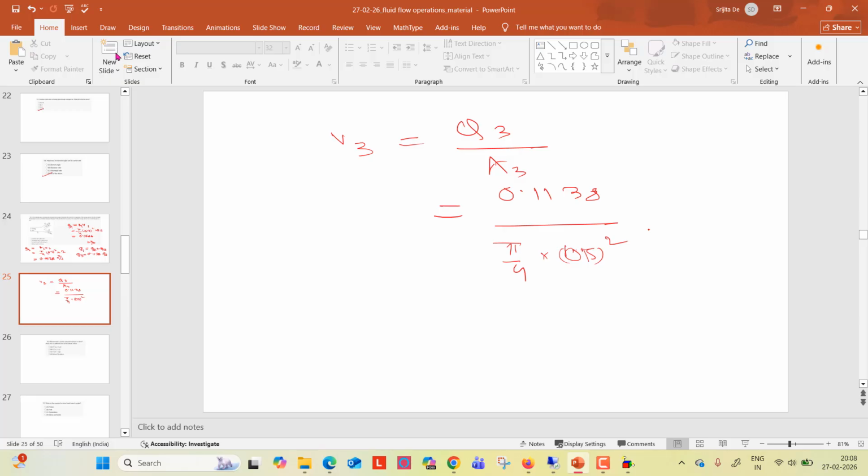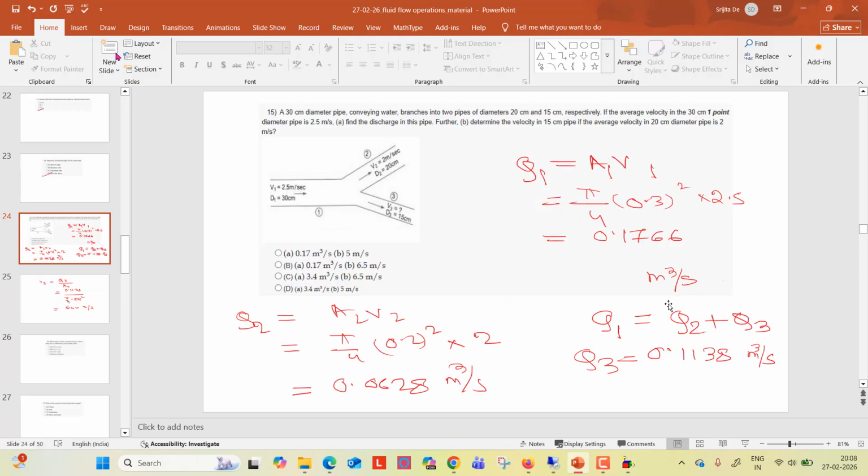It is coming as 6.44 meter per second. Check this. Yeah. So it is option B. 0.17 is the first answer and almost 6.5 is the second answer. It is option B, right? Next question.